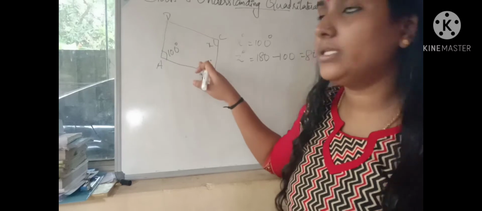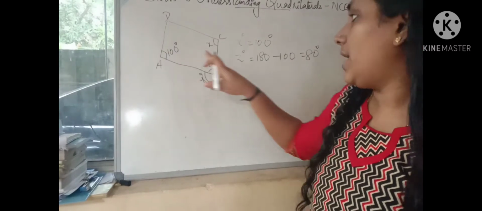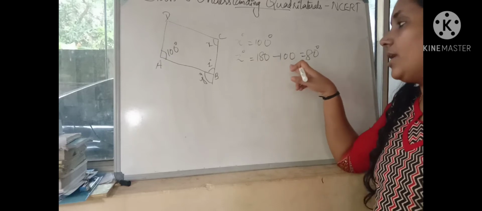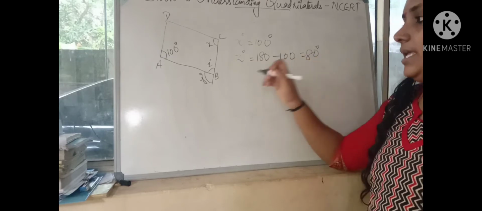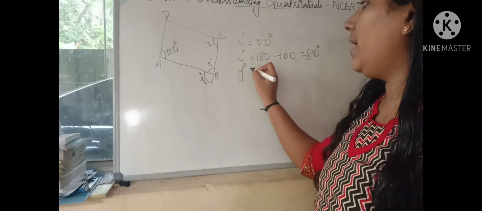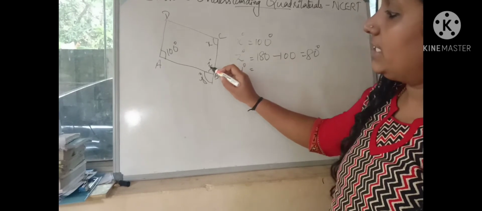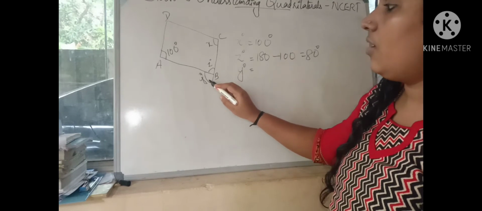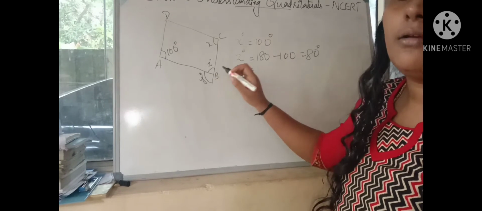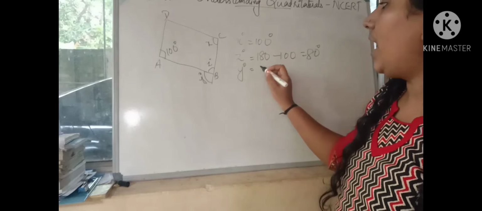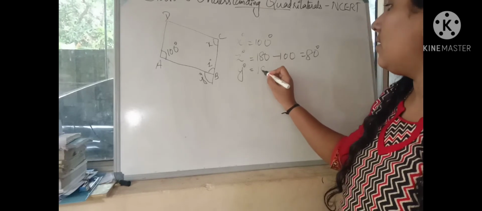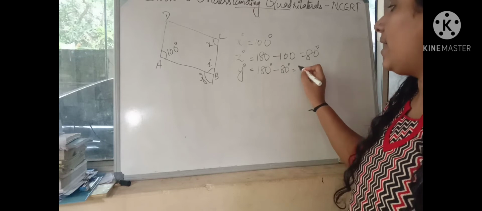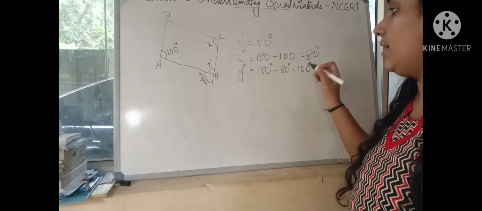This angle and this angle are supplementary. And y degrees: we know that this is a linear pair, right? So here is 80 degrees, and the sum of the angles will be 180. So y degrees will be 180 degrees minus 80 degrees, and we get the answer as 100 degrees.